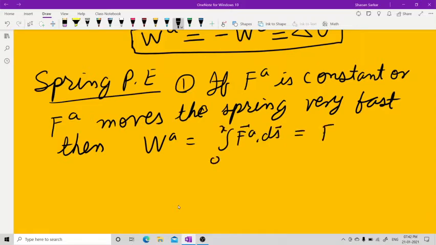Because Fa is constant, I'm taking it out, and this comes out to be Fa x. You know how to do the integration of this. I've shown you a number of times.